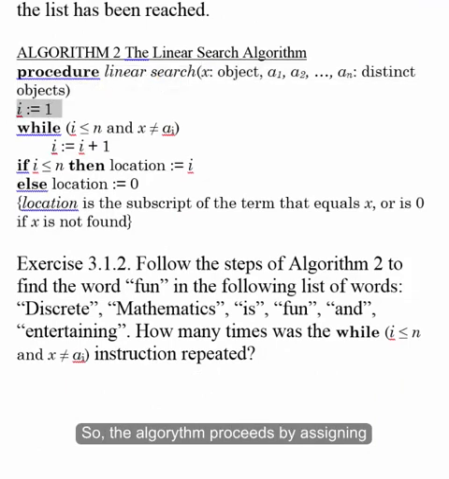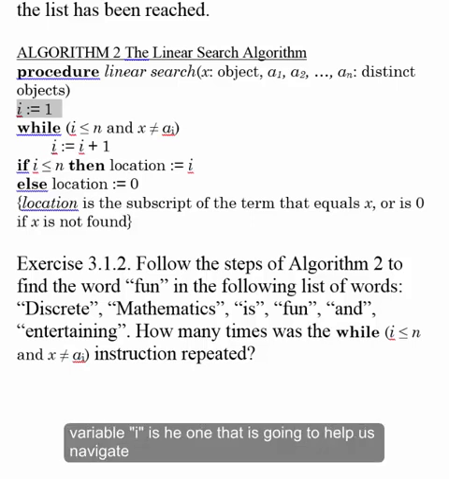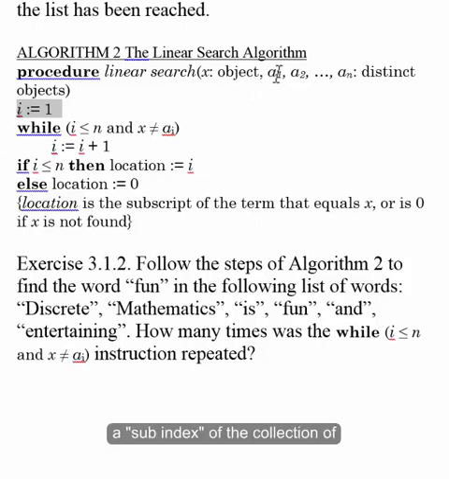So the algorithm proceeds by assigning the value 1 to variable I. So this variable I is the one that is going to help us navigate through the elements of the collection of objects. As you can imagine, we're going to use this value I as the subindex of the collection of objects in the input.